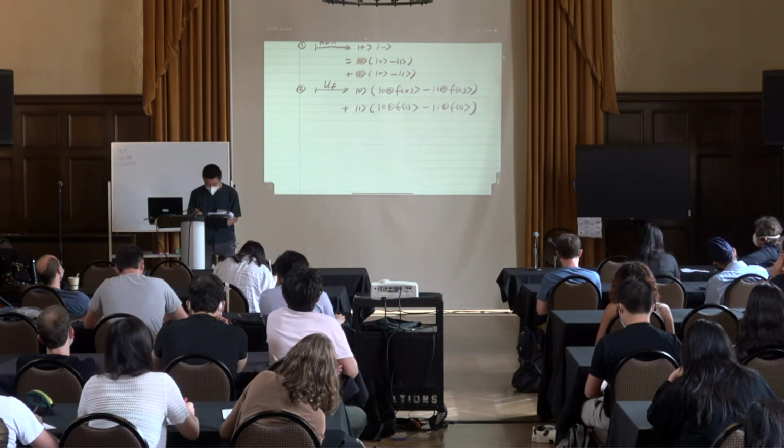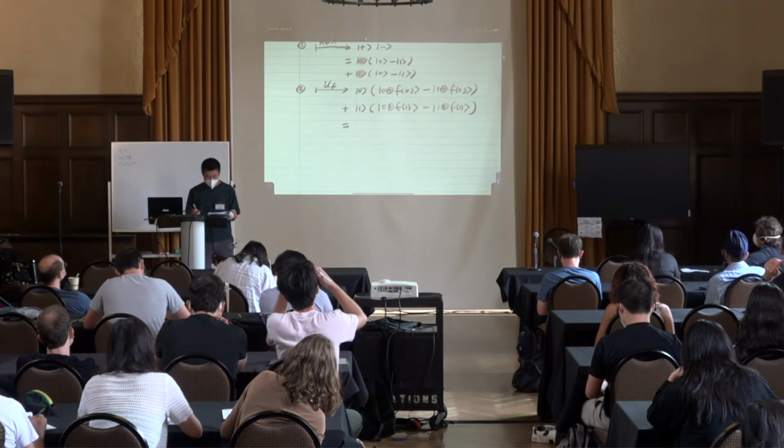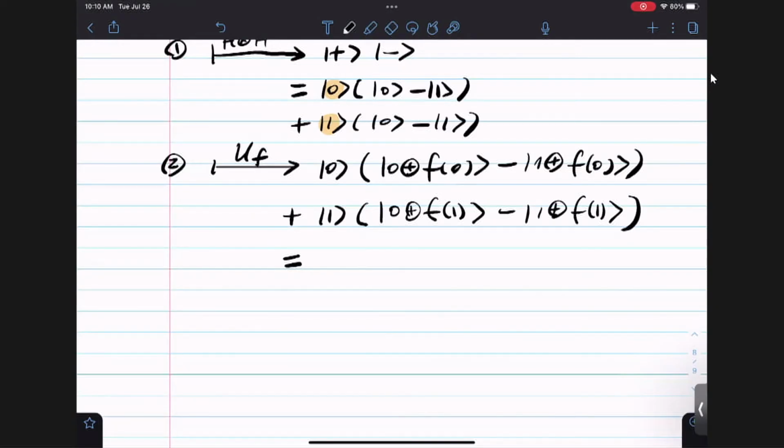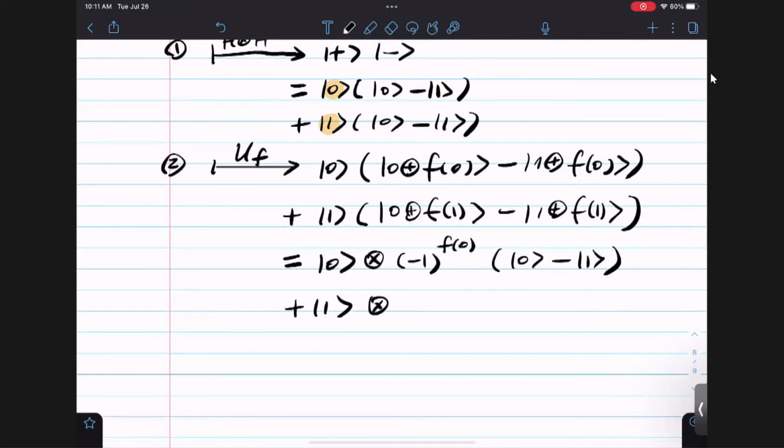Now I'm going to just manipulate this expression a little bit. So for the first term, I'm going to pull out this sign, which is (-1)^f(0). Okay, actually, let me finish writing it, and then we can convince ourselves this is correct.